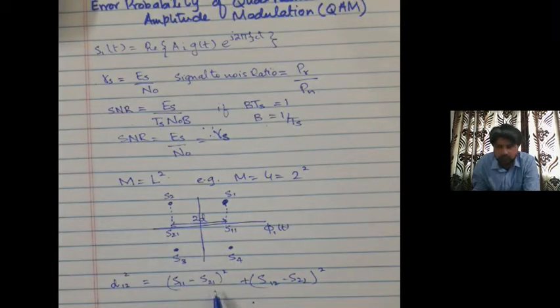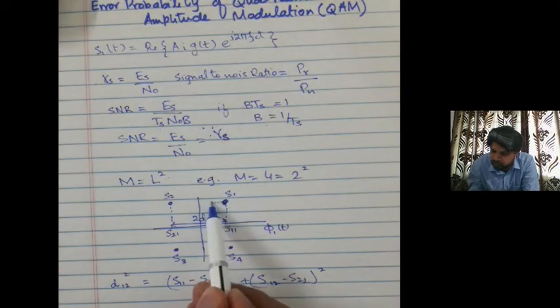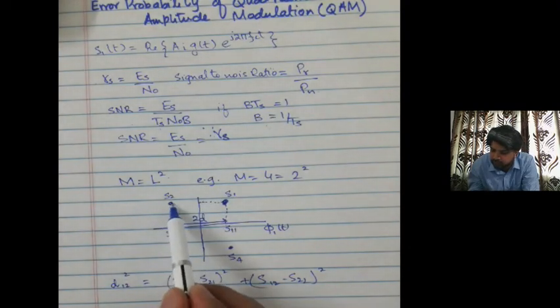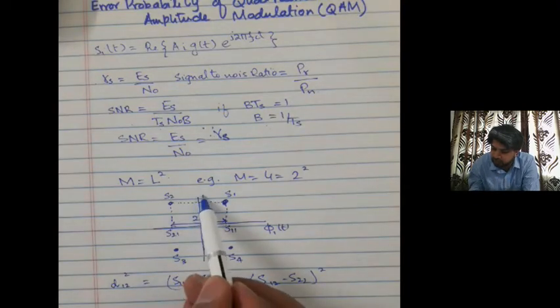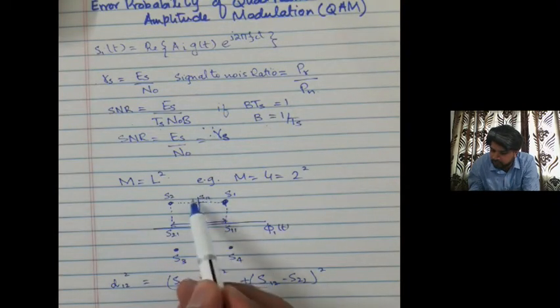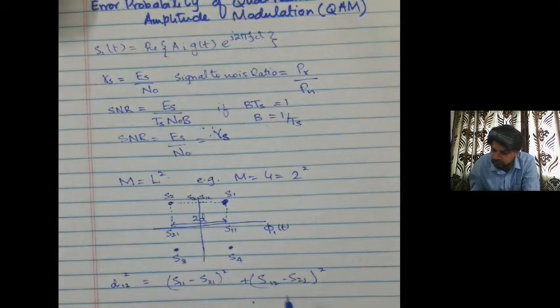You take the difference and square it, and that would be part of the distance squared. Then you have to project both of these onto the other basis function. S12 would be the projection of S1 onto the basis function phi2, and S22 would be the projection of S2 onto phi2. You can see both of these are equal, and if you subtract them, that would turn out to be 0. So that goes away, and hence your distance is simply S11 minus S21, squared.